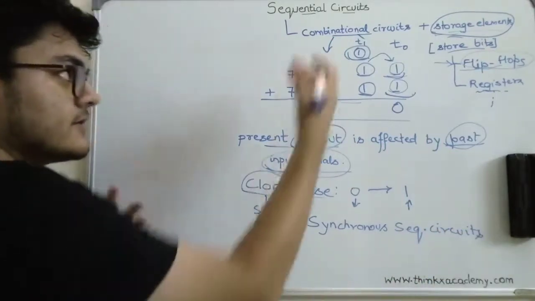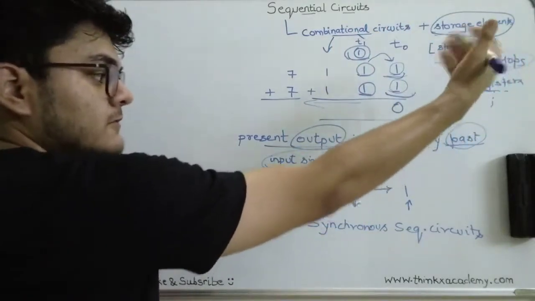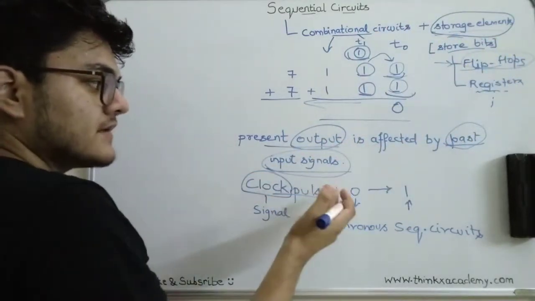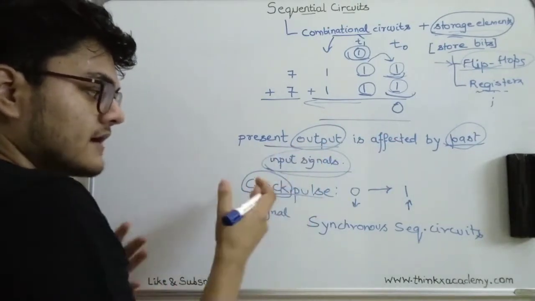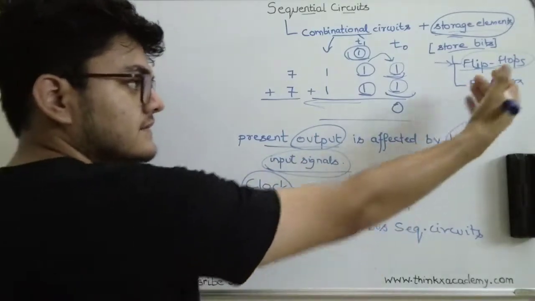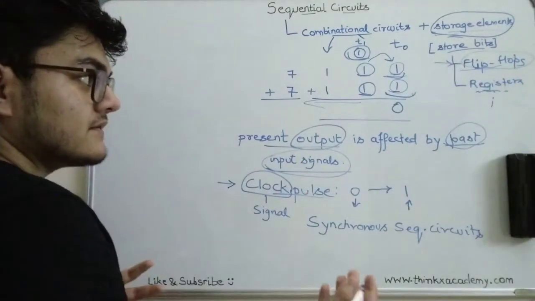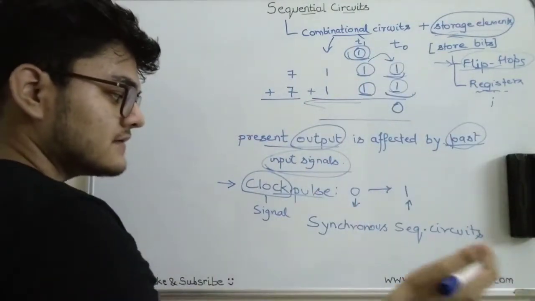So basically sequential circuits are combinational circuits plus storage elements, which are used to store the past input signals that affect the present output, and a clock is used to change the data inside the storage elements according to the new input signals.